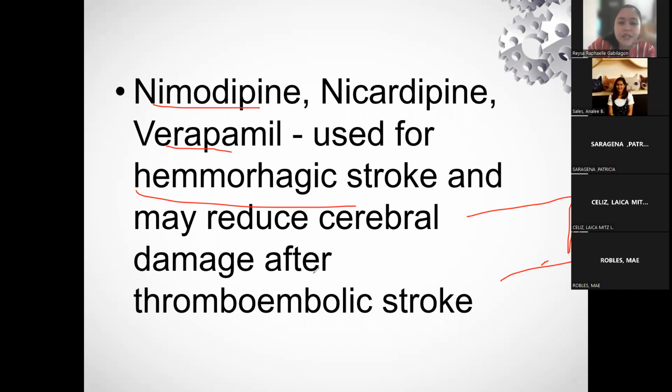And these drugs can also reduce cerebral damage after thromboembolic stroke. In thromboembolic stroke, it doesn't mean the blood vessel ruptured. There is an obstruction, but there is still blood flow.